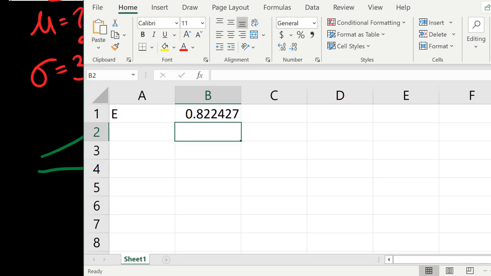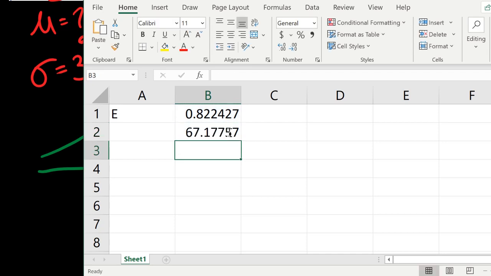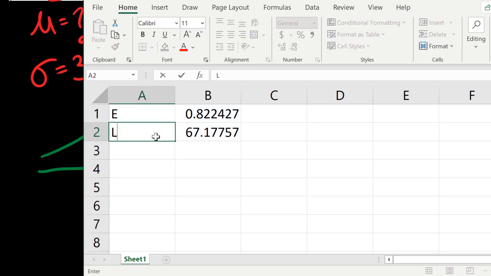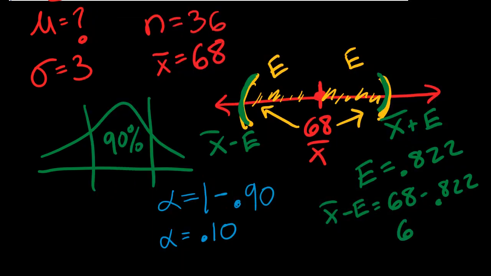If I type in equals 68 minus, then since I'm in Excel, I can just click that cell and it'll put in 0.822 there. Press enter, and I get my lower bound, 67.18. I'll round that.